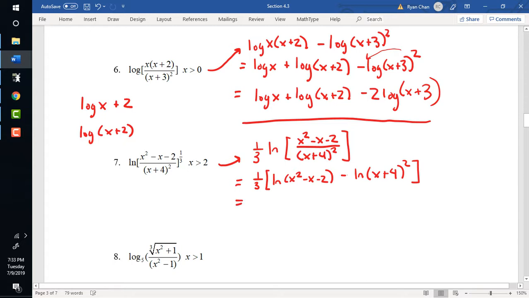The reason why I'm doing this problem is because it's definitely one of the trickier problems. So what I'm going to do is factor this. And this will be natural log, and I have to factor this as (x minus 2) times the quantity (x plus 1).